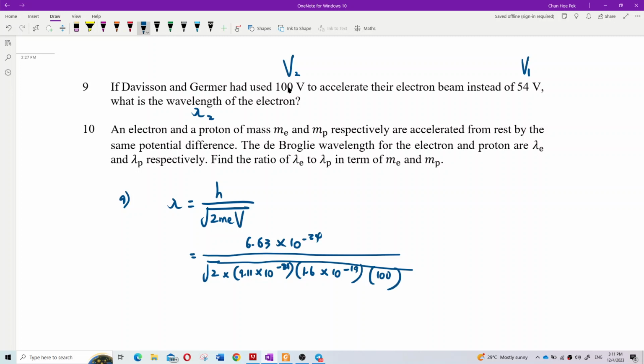Okay, 100 volt. 54 volt, no need. These extra values, no need. So I get the lambda, the wavelength of the electron.